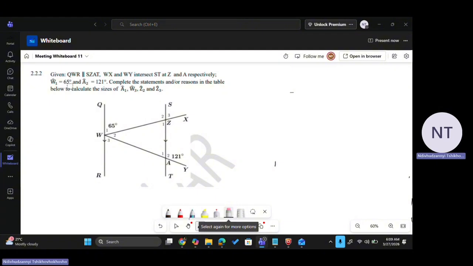The statement says, given that QWR is parallel to SZAT, so they're saying this line QWR is parallel to SZAT. So we have parallel lines. Then in your mind, you have to already think of F or X, because it uses parallel lines. Already we have a straight line, so we can use supplementary angles.